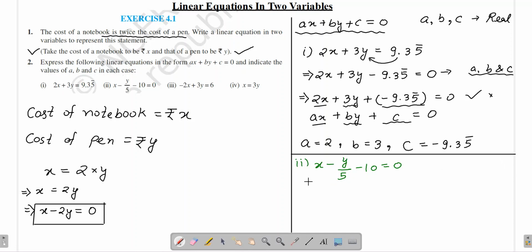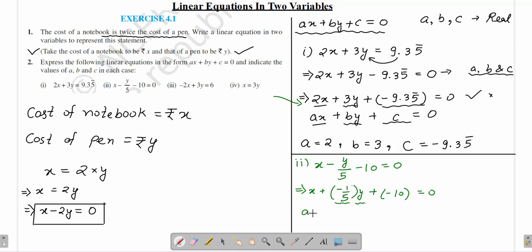If I have to write it again in standard form, you can see all the terms are over here only. So I'll just make sure that it is looking right. Now this can be written as minus 1 by 5 times y, and this can be written as plus minus 10 is equals to 0. You can see that if you multiply this and this, you will be getting the same.